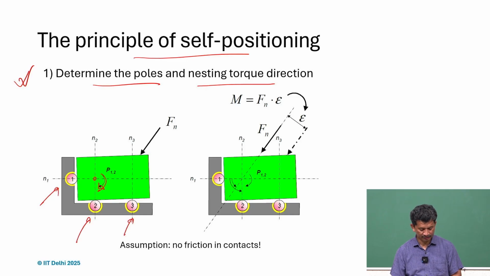To achieve that, any force has to lie on this side; if it passes through that point and is a little away by epsilon, the torque is sufficient, so it has to be shifted to the right.